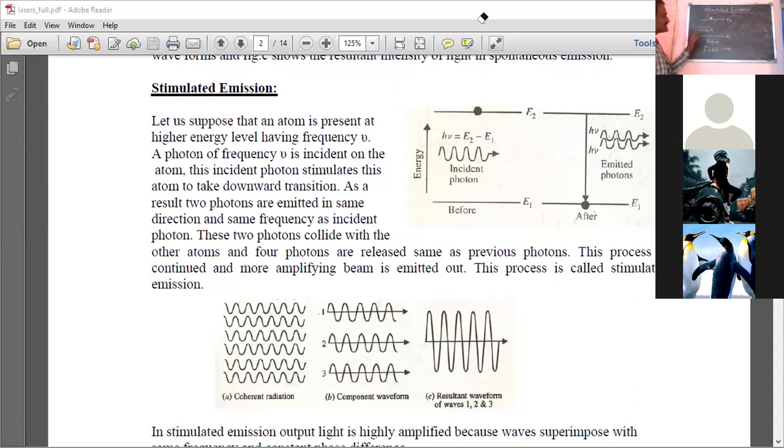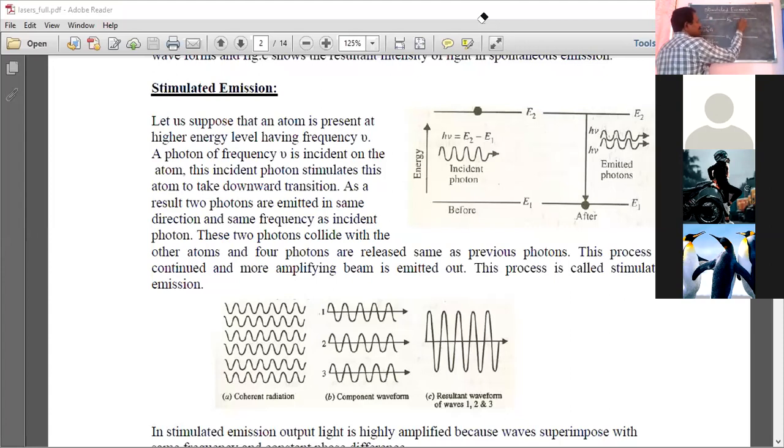A star has already taken energy, and again we are giving energy to the atom present in the excited state. What is going to happen now? As soon as the atom receives the second photon, it cannot hold both photons.